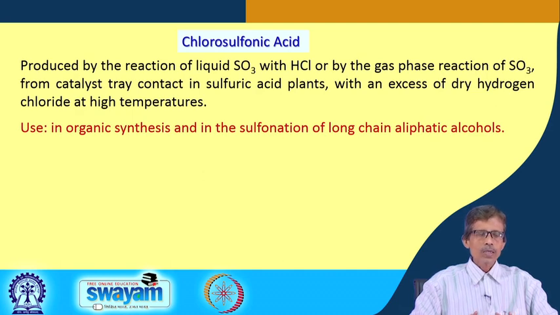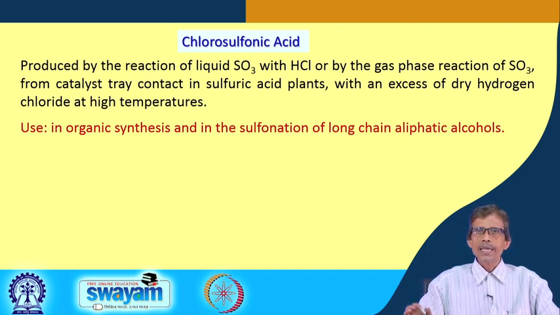Where do we use this particular chlorosulfonic acid? In organic synthesis, and now in sulfonation. Earlier we have seen that thionyl chloride or sulfuryl chloride can be used for chlorination of your carboxylic acids, but now we can go for sulfonation of long chain aliphatic alcohols.